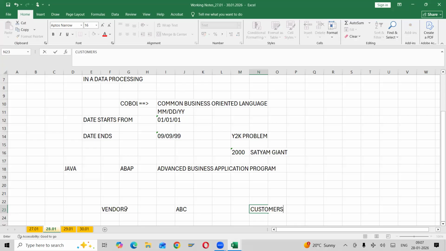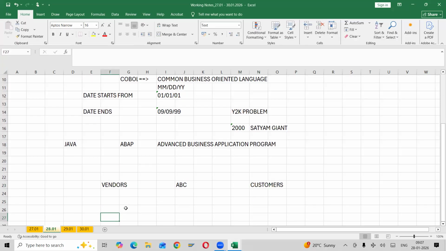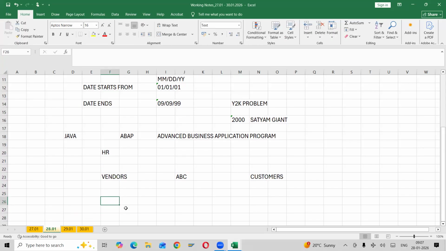We need to connect with our HR for recruitment, and with our production department for manufacturing, if we are doing any manufacturing. Customer is nothing but your sales, and vendor I can call purchases. Production and purchases, the PP module.